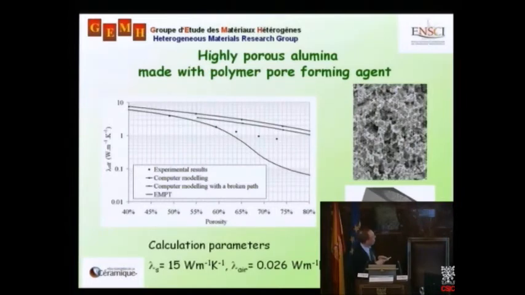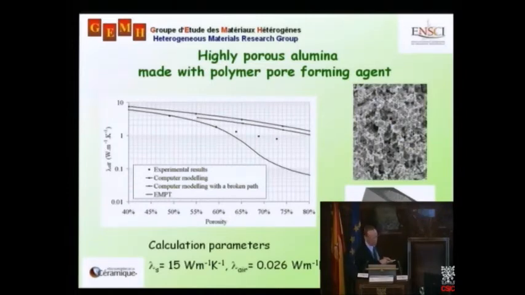So it's normal that with this sort of very porous material, we start to see that the thermal conductivity is above Landauer's model because we have solid pathways. And these are obviously heat paths in the system. So in fact, what we do is we return towards Maxwell's model.